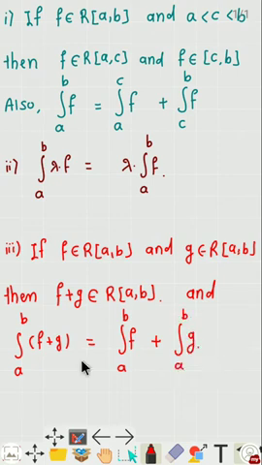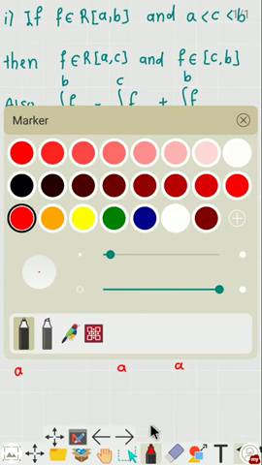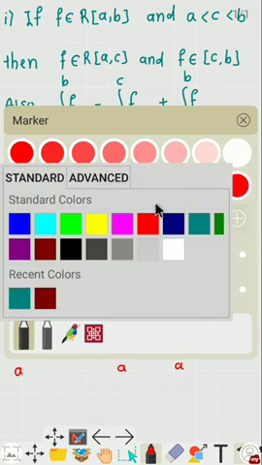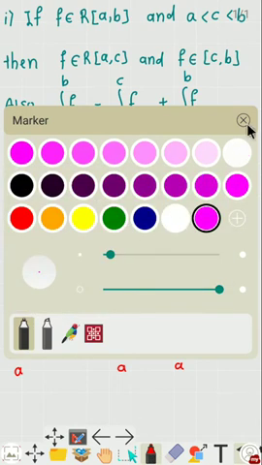It means the integration of the addition of two functions is equal to the addition of their integrations.